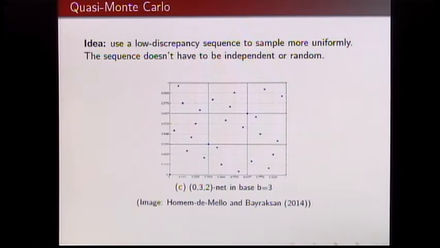Here, each row will have 1 element and each column will have 1 element. By the way, that was true of Latin hypercube sampling too, when I do the scrambling and all of that: each row will have only 1 element, and each column will have only 1 element. Here, you do it over each one of these 9 boxes, so to speak. So this is one of the good ones.